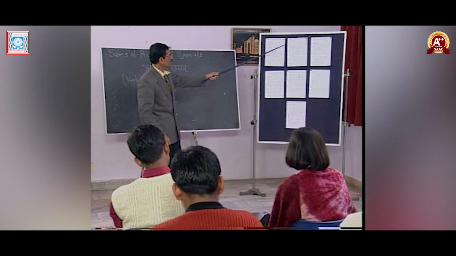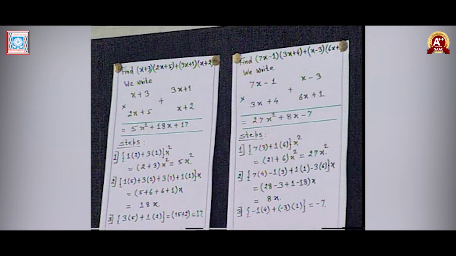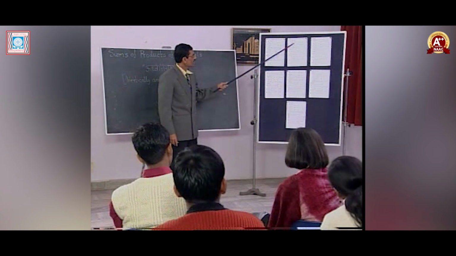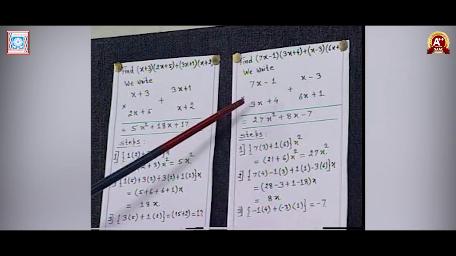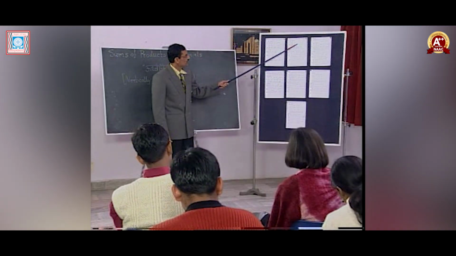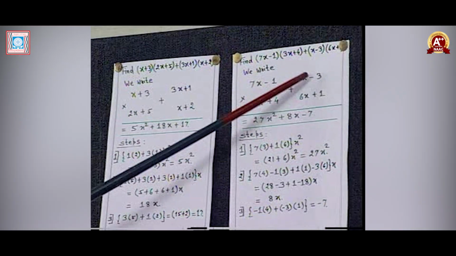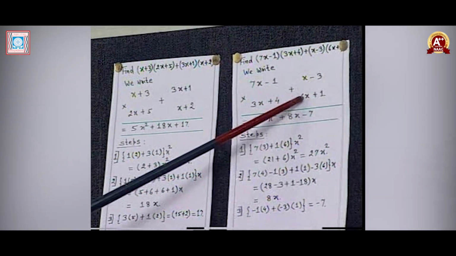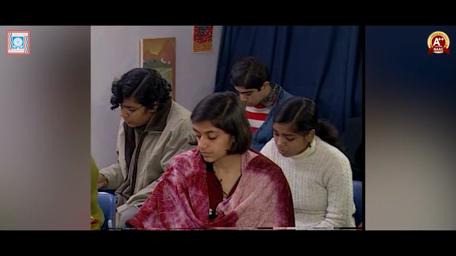Coming to the second example. Example number 2 is (7x minus 1) into (3x plus 4) plus (x minus 3) into (6x plus 1). We write 7x minus 1 into 3x plus 4, one below another, then the plus term, x minus 3 into 6x plus 1.